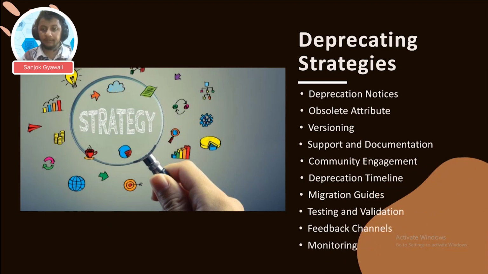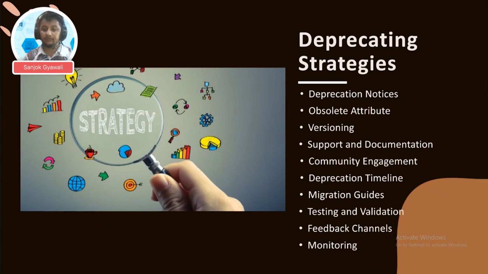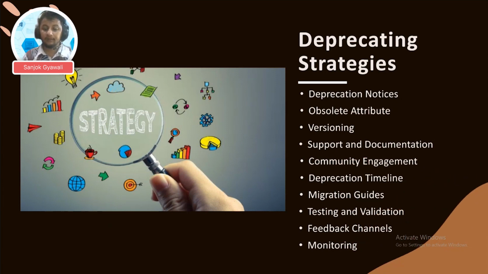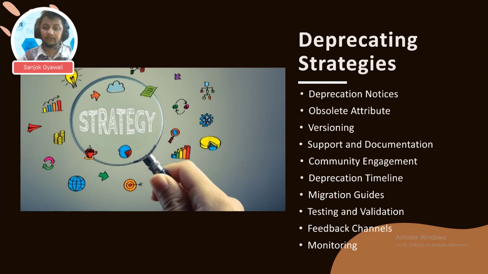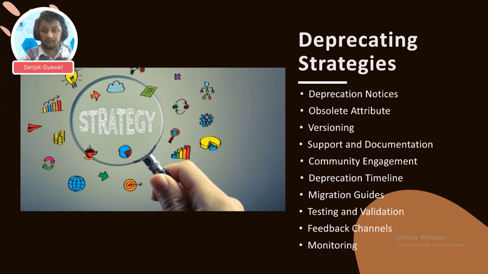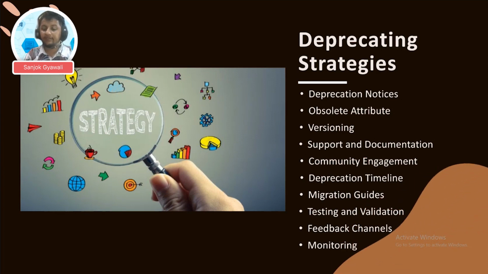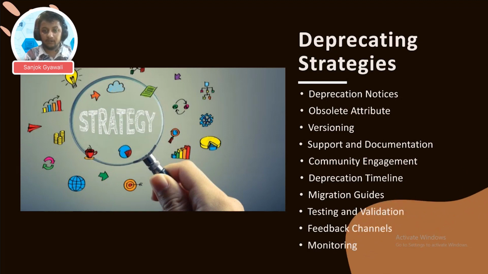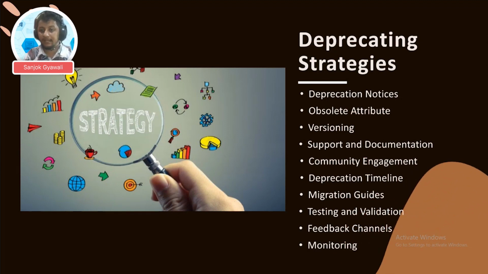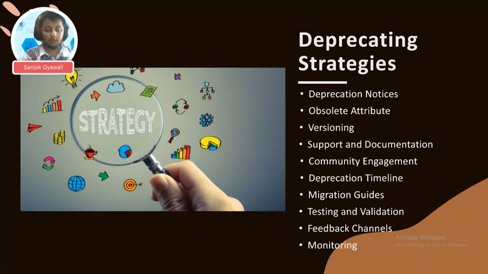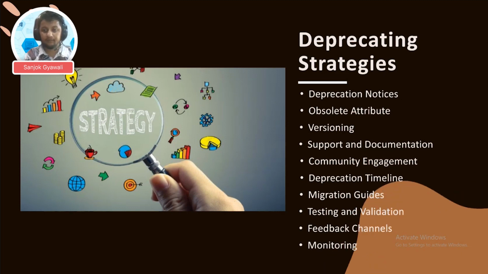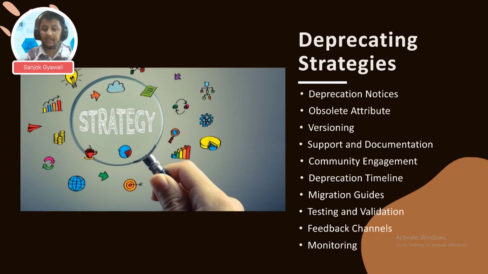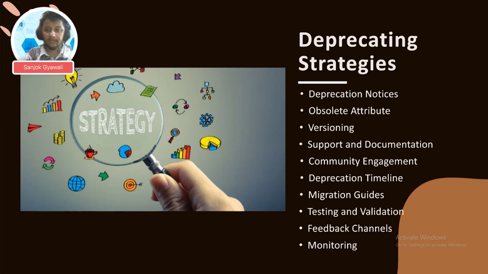How can we make the API consistent, whether the users are using it or not, or how they are maintaining those? So we will have that deprecation community engagement. Also, we'll provide the deprecation timeline, like when it is going to be deprecated, and when it will be replaced, when developers can start to replace those APIs in their production environment or anything else.